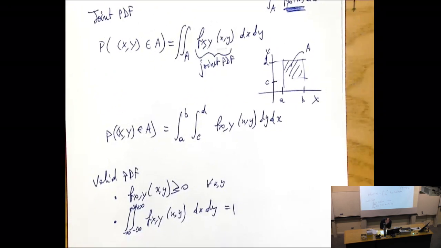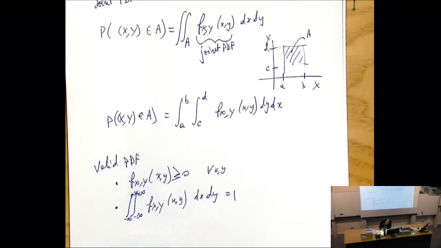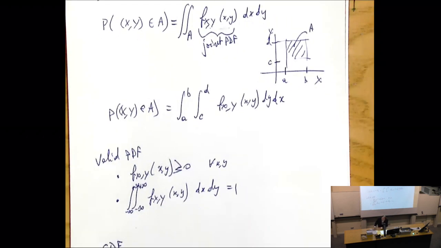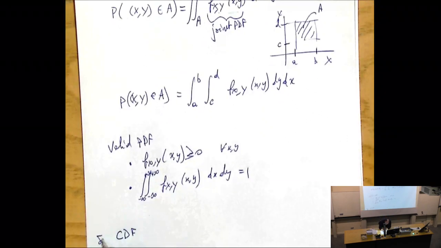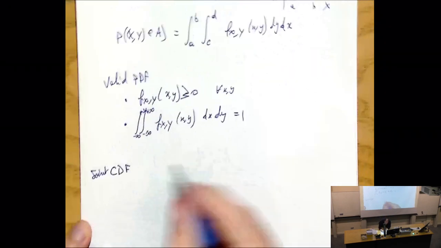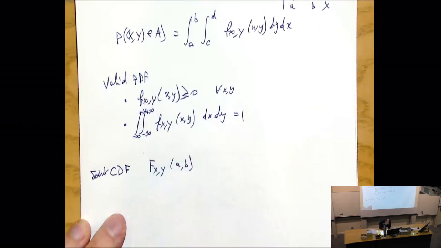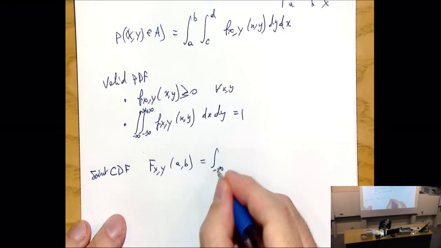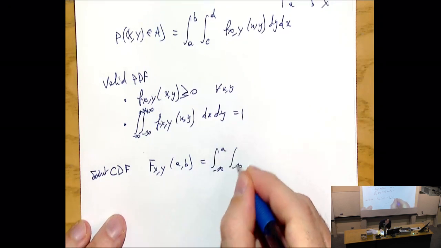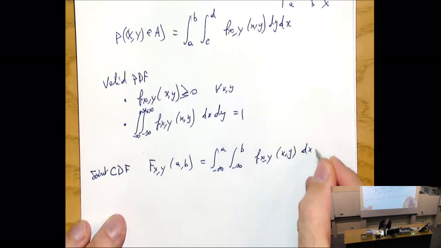So how can we define the CDF now? The joint CDF will still be F(x, y) at (a, b). That's the integral between minus infinity and a, and minus infinity and b, of this joint PDF, dx dy.